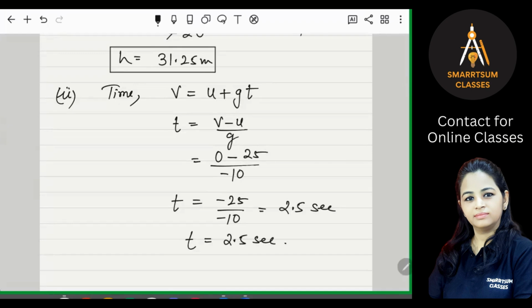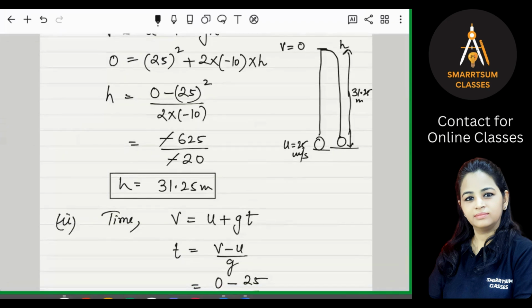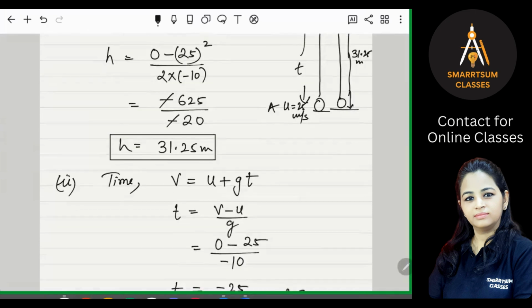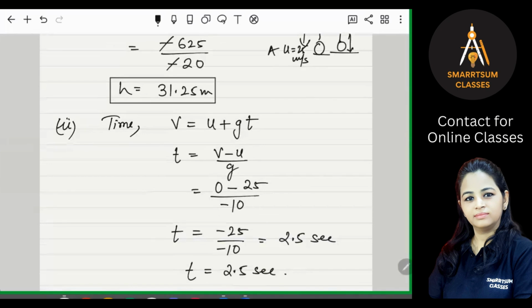But we have to find the time to return back. Are you getting it? So it is taking some time to go from position A to B, this is your t, which is 2.5 seconds. This is the time taken to return back.